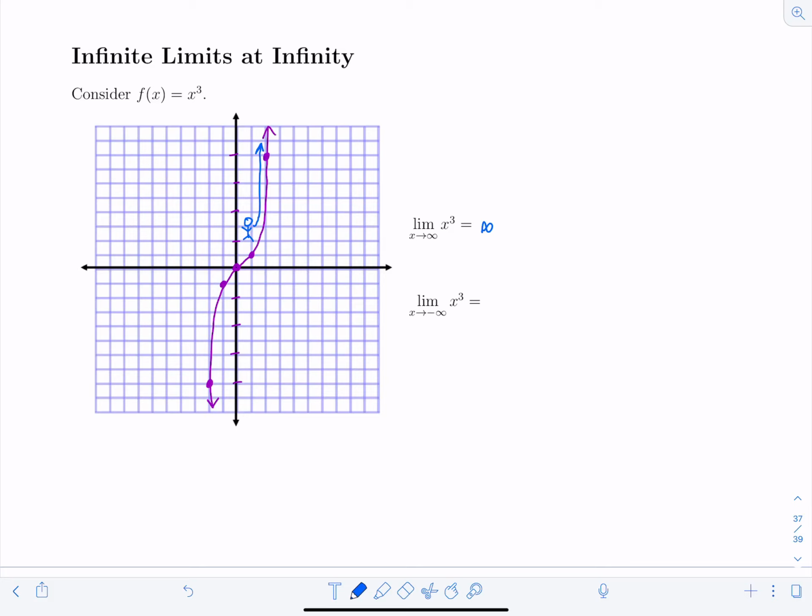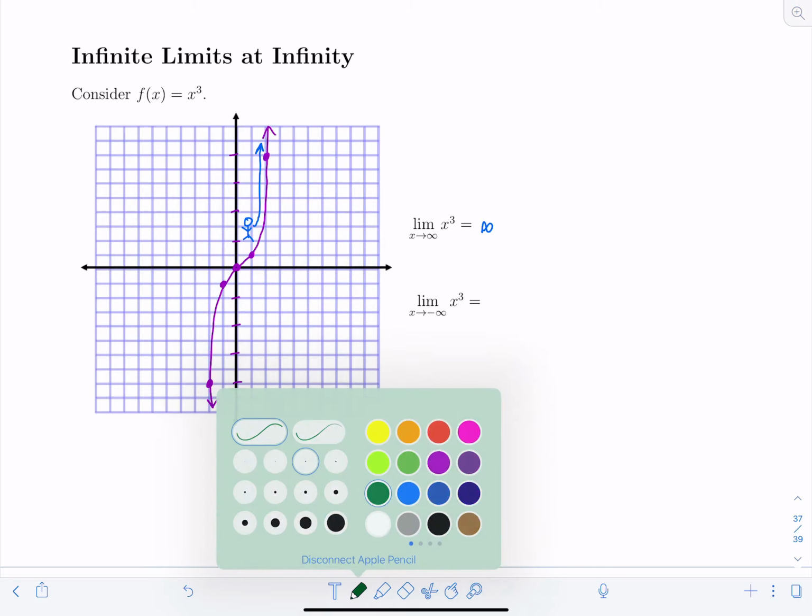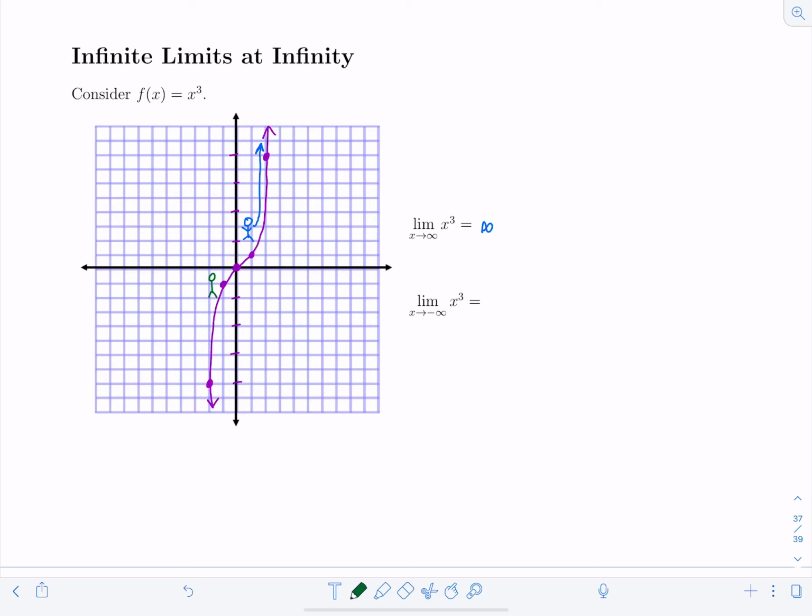Now what if you went the other way? So the limit as x approaches negative infinity. Now you're sliding down the graph. Whee! So as you go forever and ever in the negative x direction, what y value are you approaching? The graph is not leveling off. It's decreasing without bound. So it's approaching negative infinity.